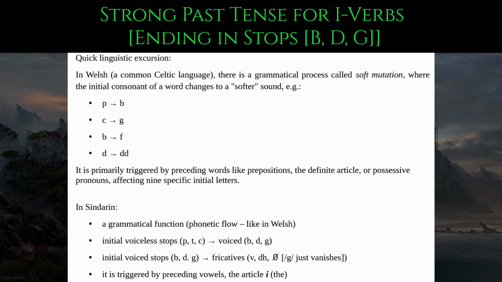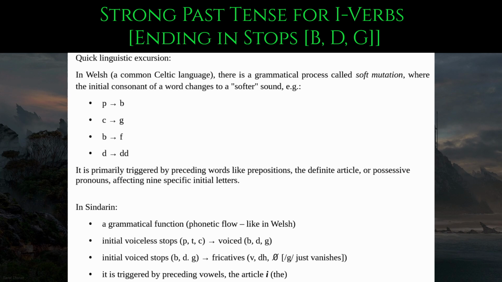For example, P becomes B, G disappears, B becomes F, and D becomes D. It is primarily triggered by preceding words like prepositions, the definite article, or possessive pronouns, and affecting specific initial letters. Now, in Sindarin, much like in Welsh, it is a grammatical function, not a phonetic flow.